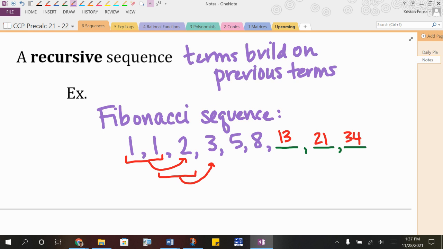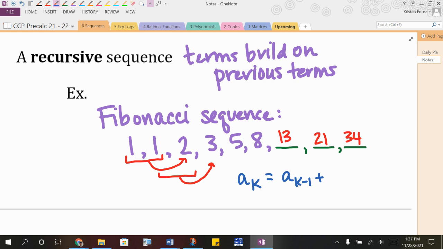A lot of times when we define a recursive sequence, we use the subscript k. So I'm going to say that a_k, so any term in the sequence, is built on the term before. So what comes before k? I know alphabetically it's j, but when we're talking about sequences, it's just k minus 1. So term k is term k minus 1 plus the term before that.